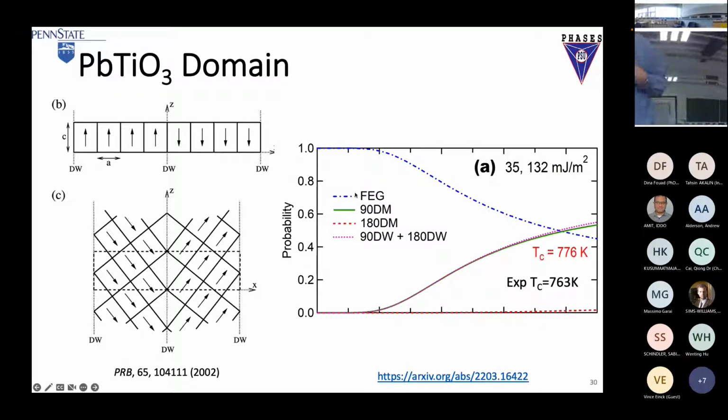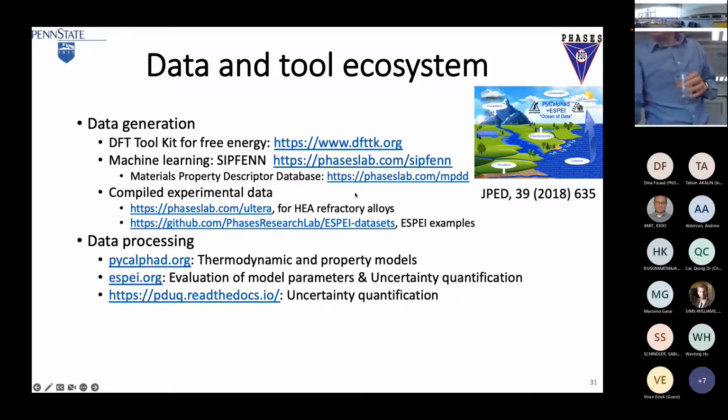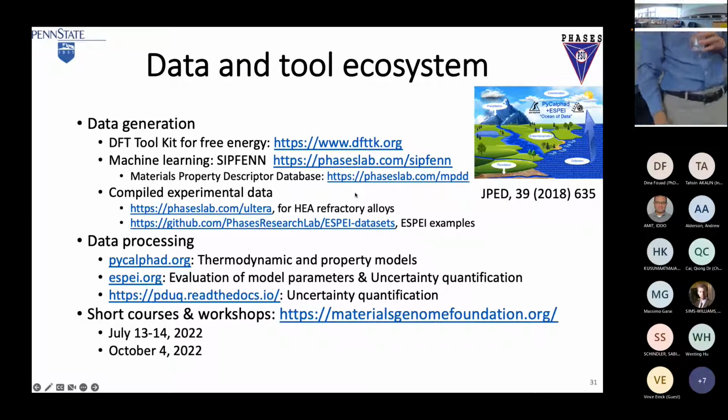So I want to close my talk by telling you that we need data and tools. A couple of years ago, I realized that I need a new name. I like the name for this approach. We call it the ocean of data. Inside that ocean of data, it's this ecosystem. Here we have data generation, we have data processing, then we have data training.